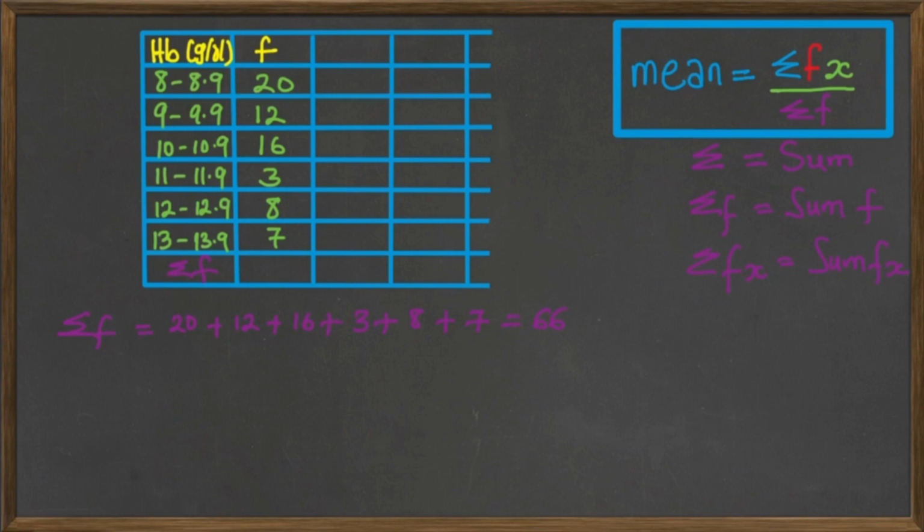So there are actually 66 individuals. Let's just put the 66 there.